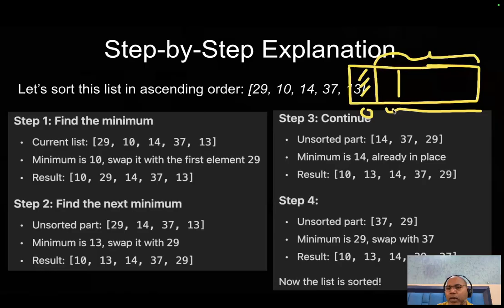Next time select the second position, find the minimum of the remaining, and place it. Again select the third position, find the minimum, and put it here. This way you select one position, find the smallest of the rest, put it first, then second, then third.